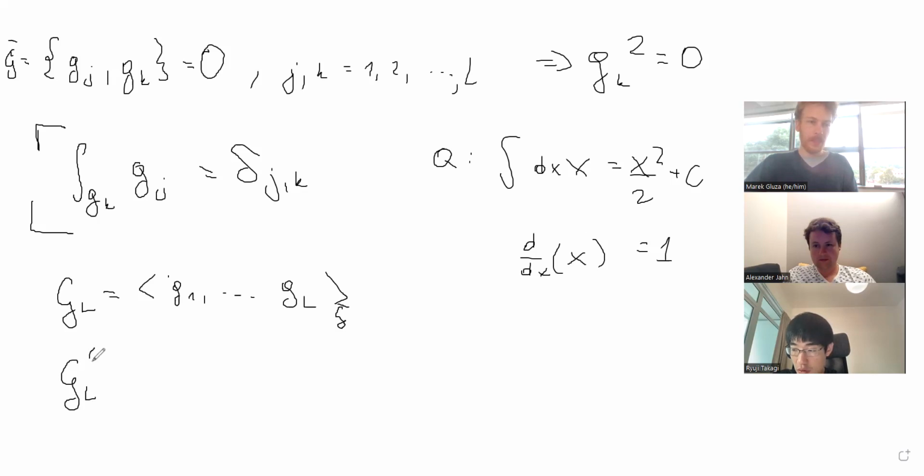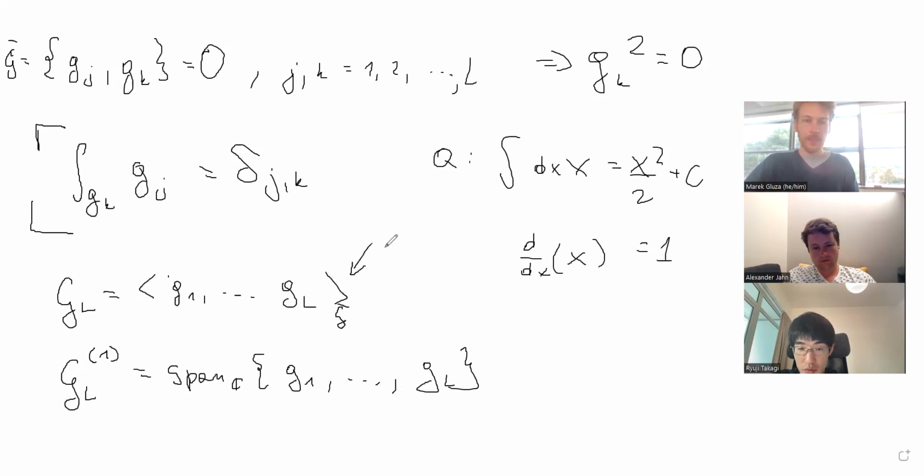And I'm telling you that because this is the full algebra, so it's like a span of all monomials. But I can also look at the linear vector space of the generators. So the linear vector space of generators, I would just say that this is the complex span of vectors g_1 until g_L. So in the algebra here, we have multiplication and addition.